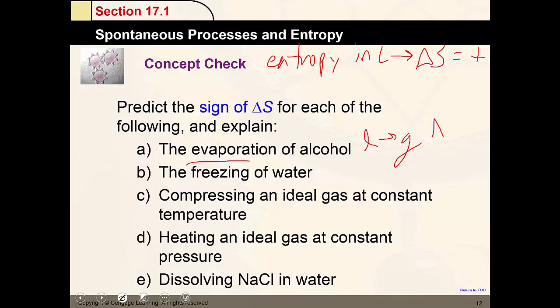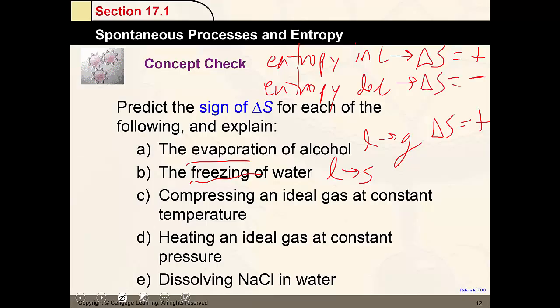So we would say for letter A, delta S, final minus initial entropy, is positive. Then if we look at B, freezing, so we know that's the phase change from a liquid to a solid. So in this case, entropy is decreasing. So that means the change in entropy, the final state minus the initial state, is negative. So here, delta S is negative.